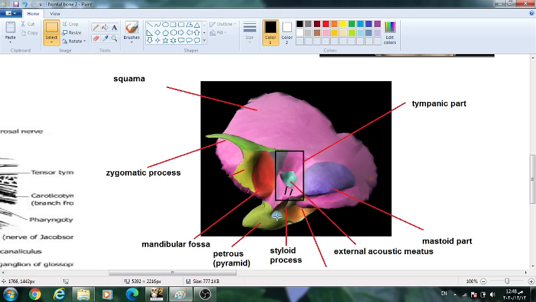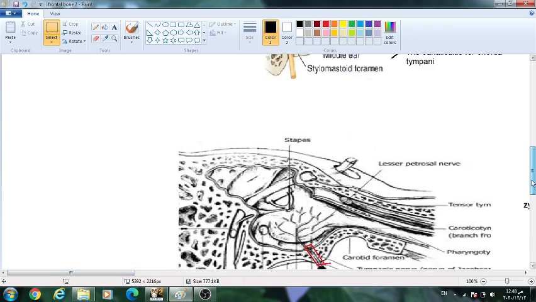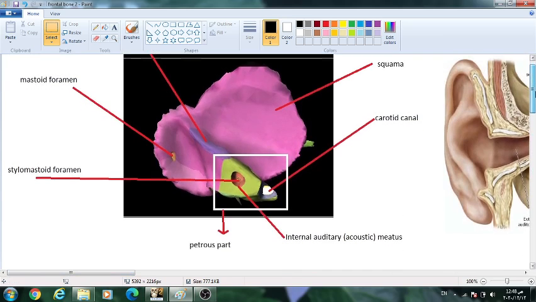Then let's start, for example, with the connection with arteries. On the internal side of the squama, there are of course arterial grooves where arteries pass through them. Then return back to the canals. We have, for example, the carotid canal for passage of the internal carotid artery.